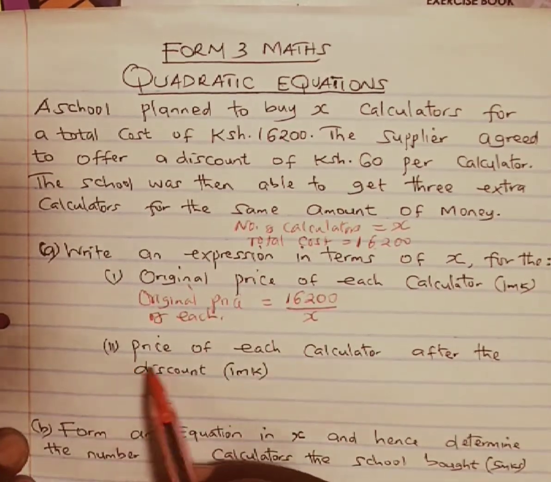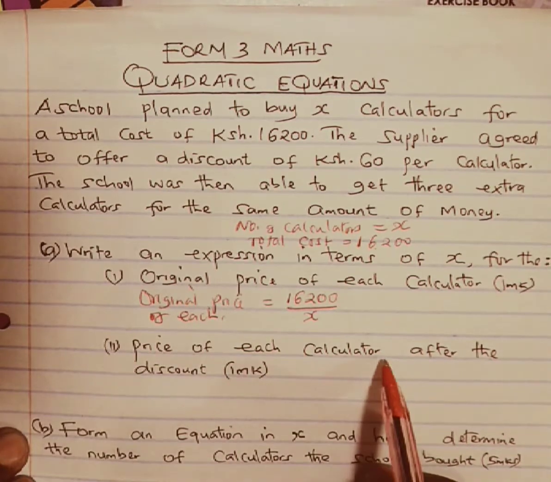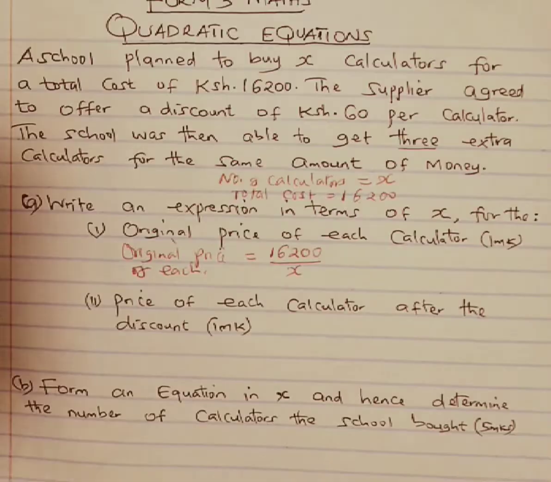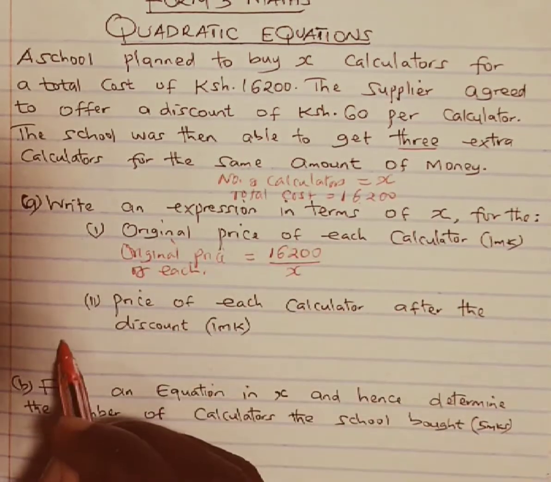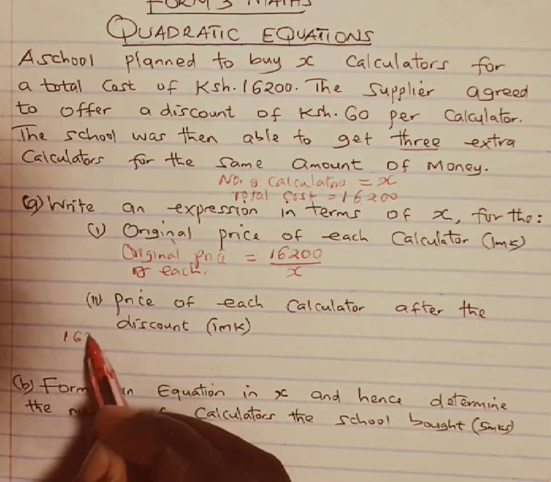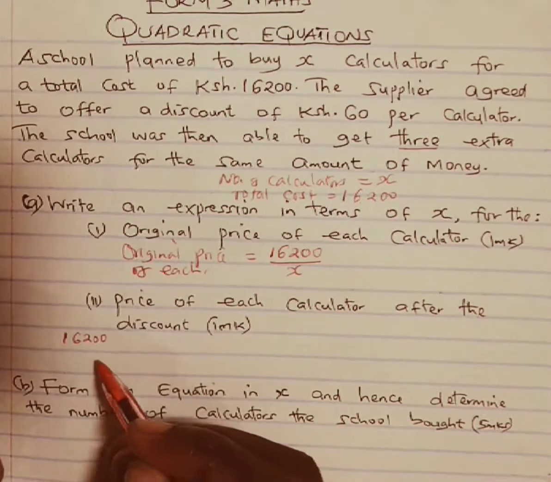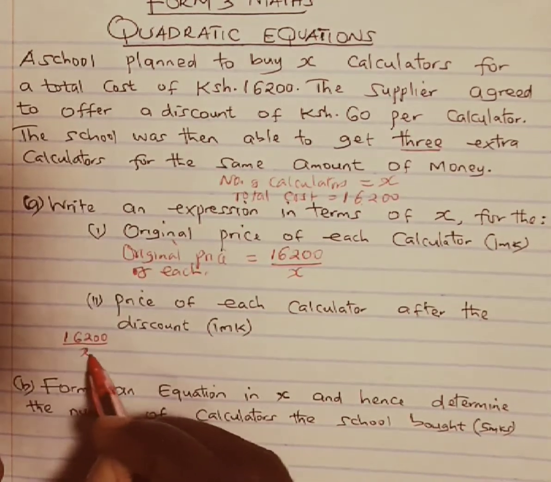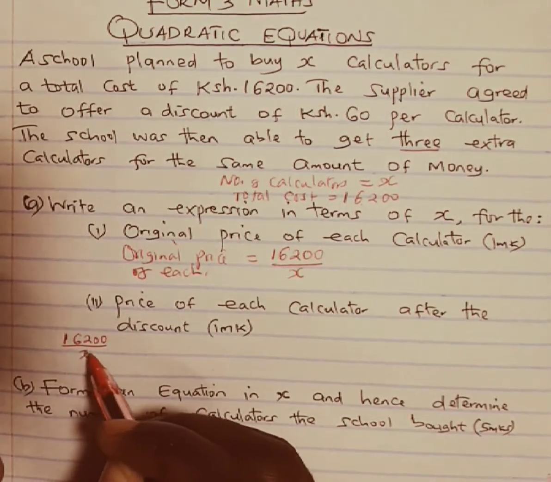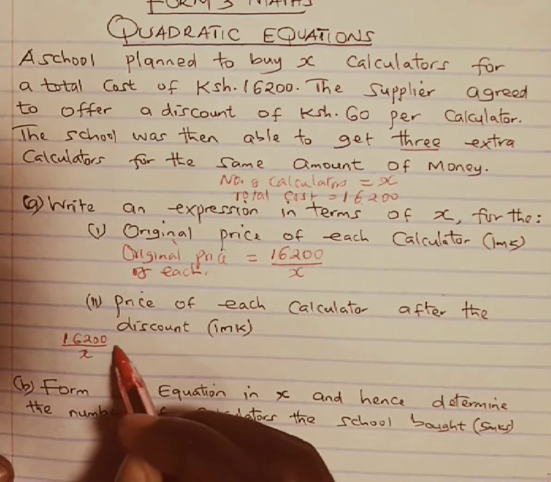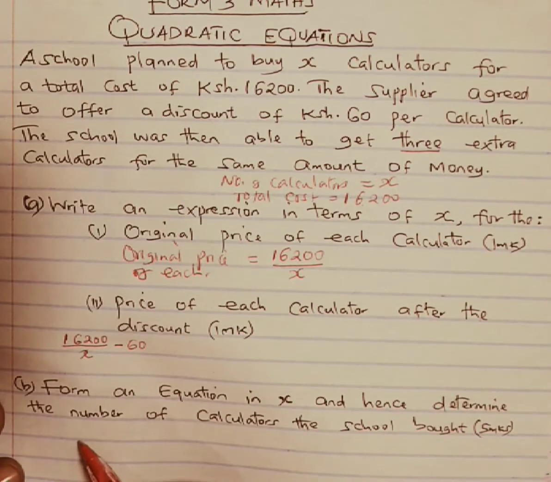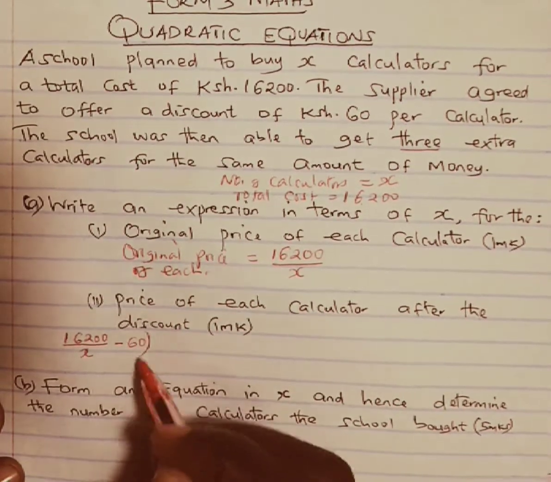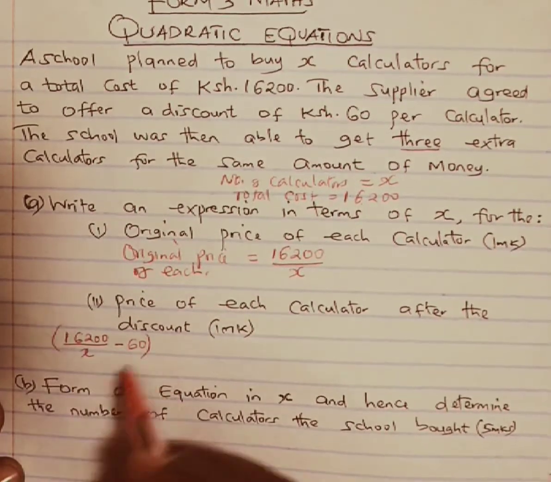Roman 2, the price of each calculator after the discount. Remember, each calculator originally was supposed to cost 16,200 divided by X. But now, since we are given a discount of 60 shillings, each calculator is going to be less by 60 bob. And that means we are going to end up buying 3 more calculators.